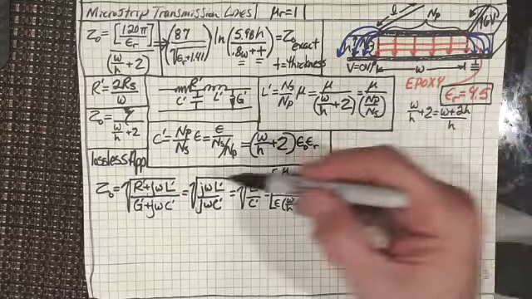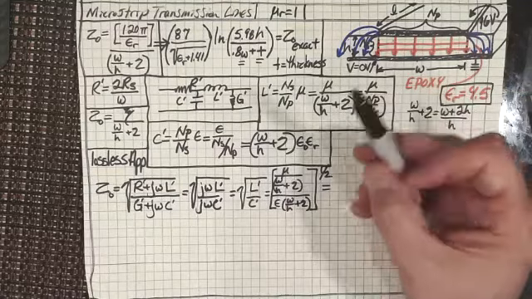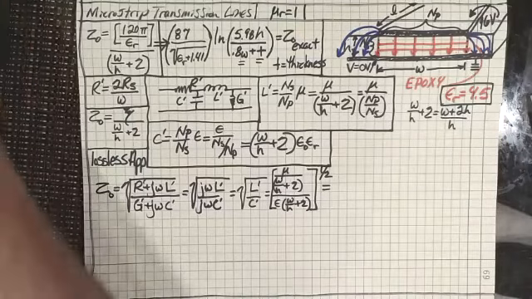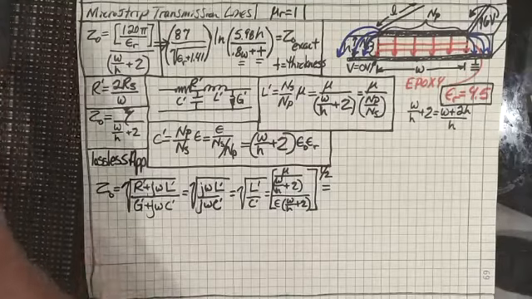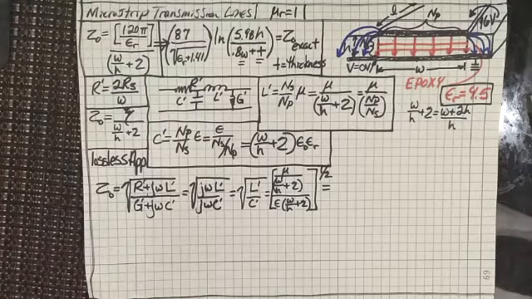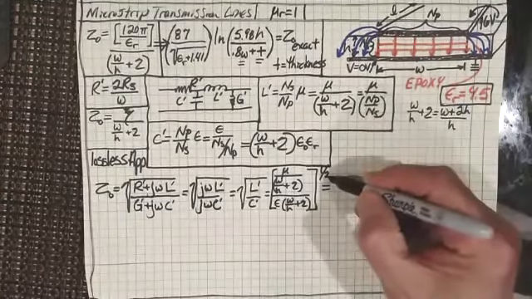L divided by C. Have I done something wrong here? Just a second. Well, yes, it is late, but I am an idiot too, so I forgot the square root.